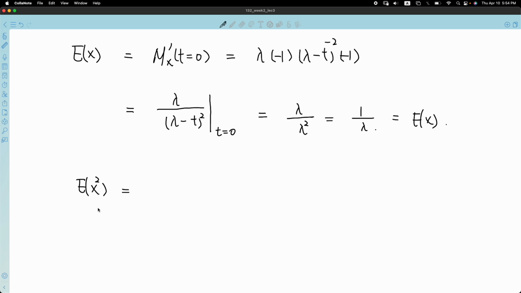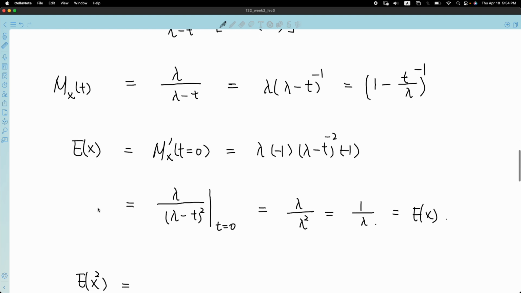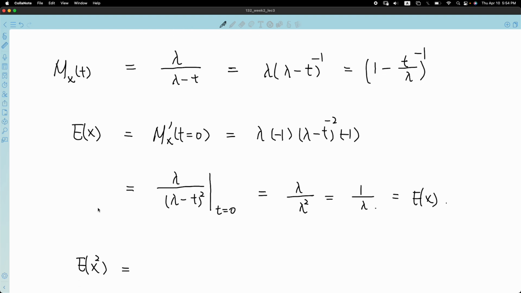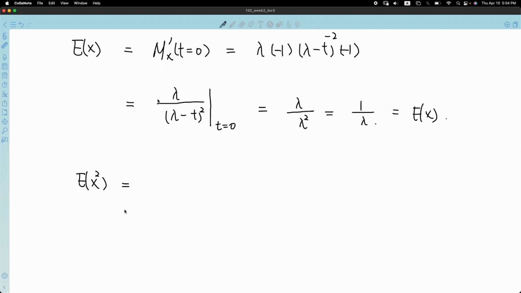Okay, so to get the second moment, what should we do now? Take the derivative, as in the last question. Okay, so take a second order derivative of this expression, or this expression also works. So let's take the derivative for this one.